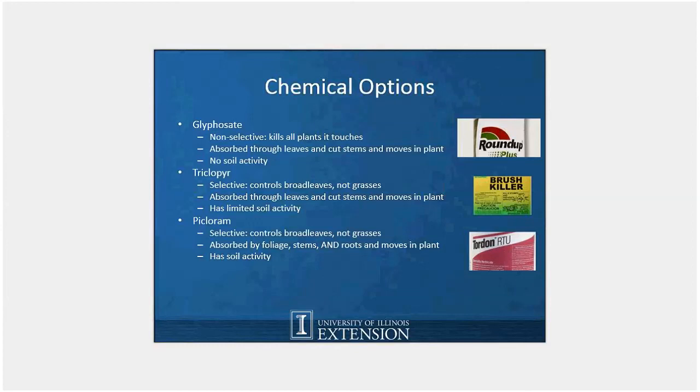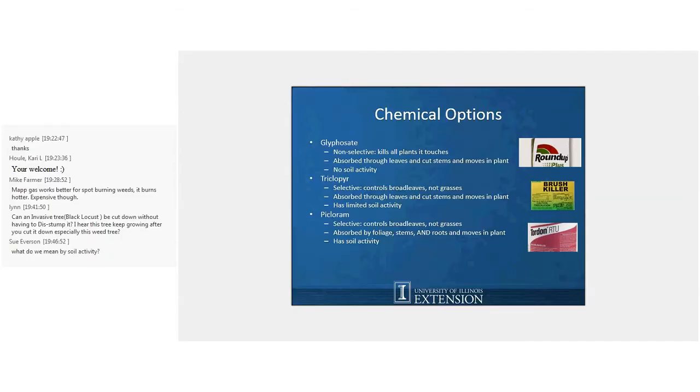So usually it is used mainly for a cut stem or stump type of application. It does have some soil activity, so I would caution you, and I learned the hard way, just like everybody else. I've had a lot of trouble with bittersweet in my yard, and so I've tried digging and cutting like Chris talked about.